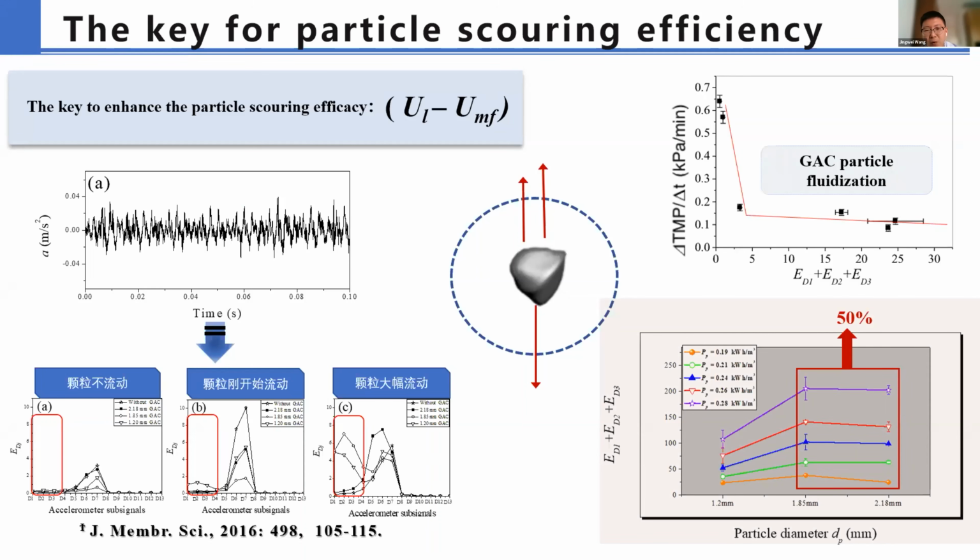At the same energy consumption, we compared the scouring efficiency for different sizes of GAC. We found that at the same energy consumption, the larger particle enhanced the scouring efficiency around 50% higher than the smaller one. So it's very interesting to use the large particles.